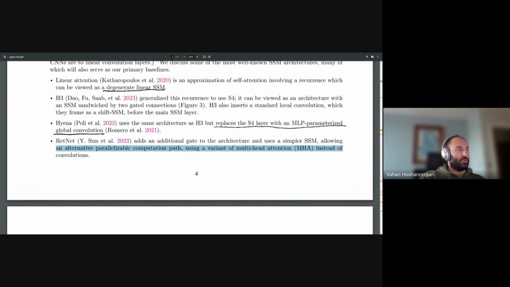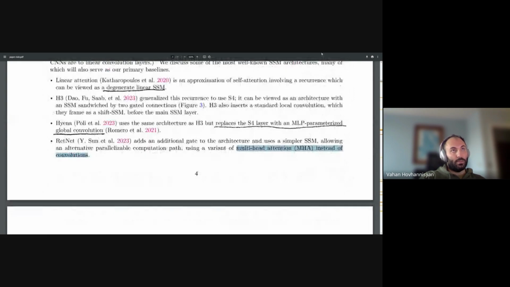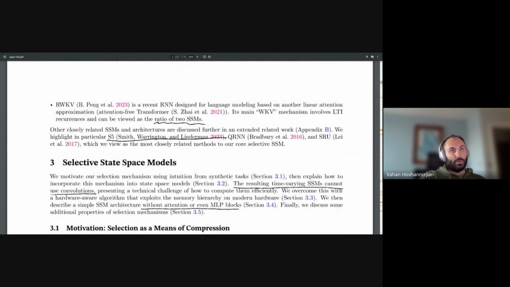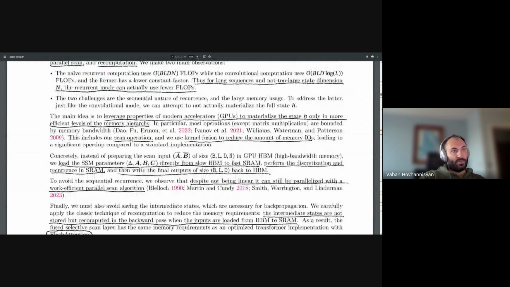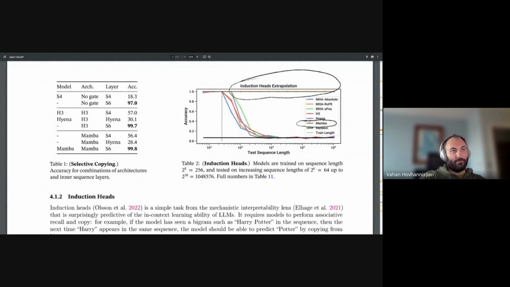So this is actually not a transformer, but an SSM with an attention head thing. It uses multi-head attention instead of convolution. So there is no transformer in this plot. Let me go back to the plot. Here we are only comparing against state space models, okay?